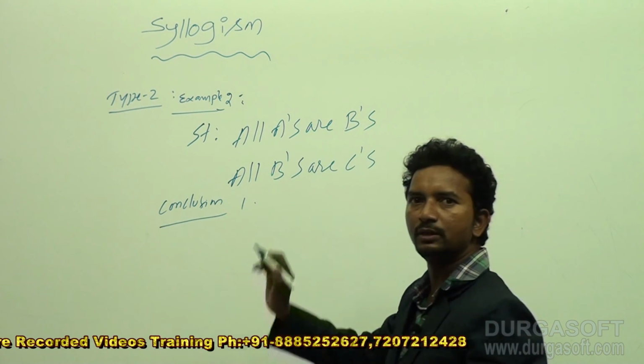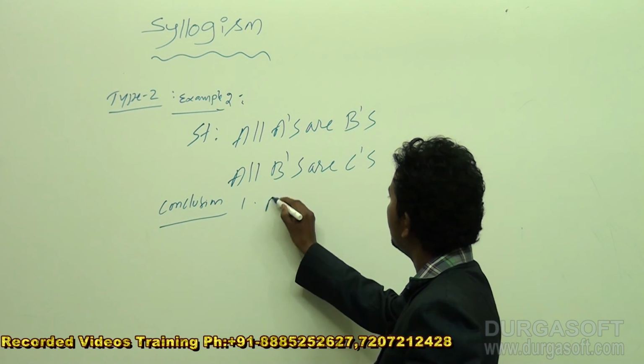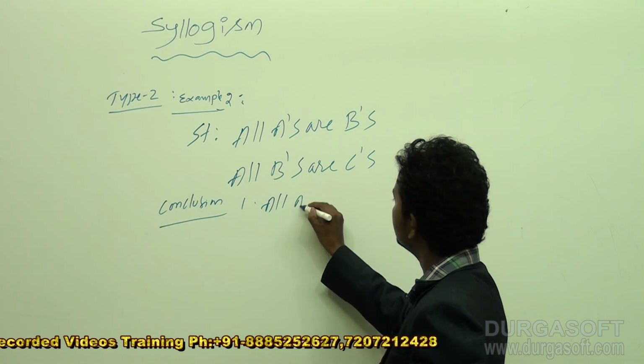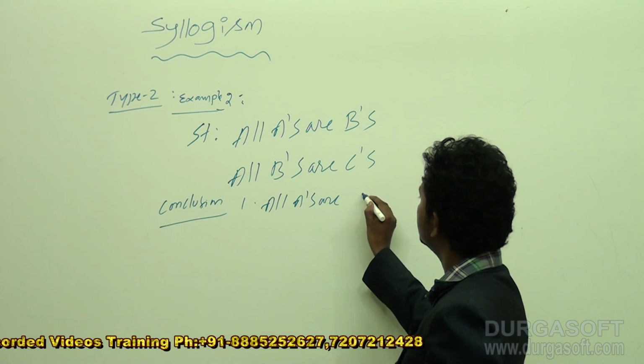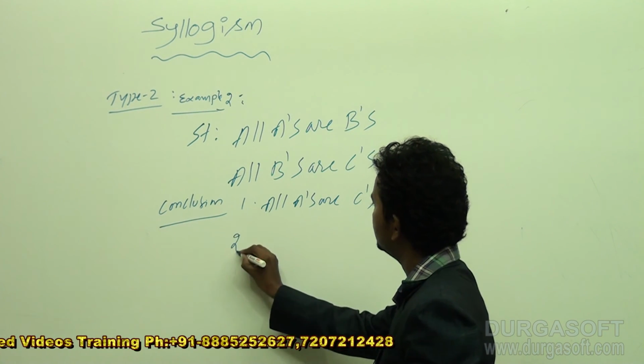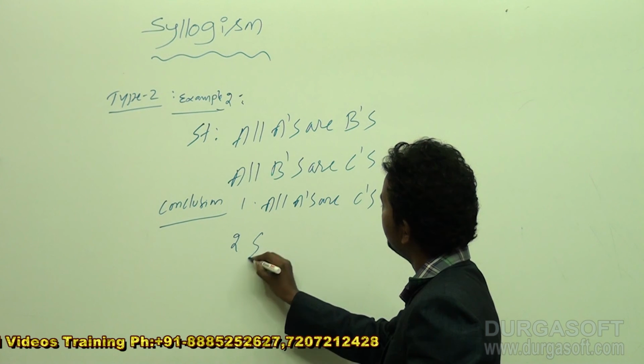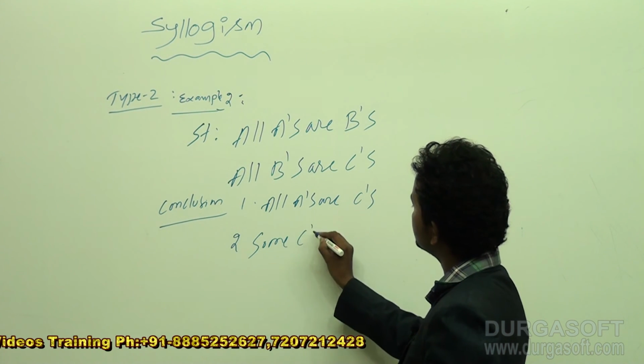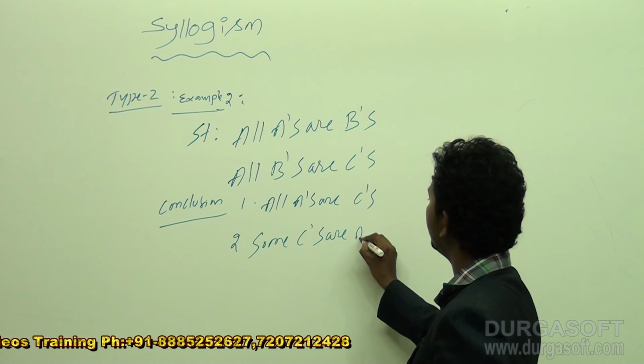Coming to conclusion number 1: all A's are C's. Conclusion number 2: some C's are A's.